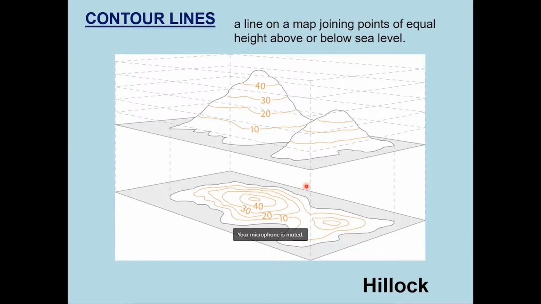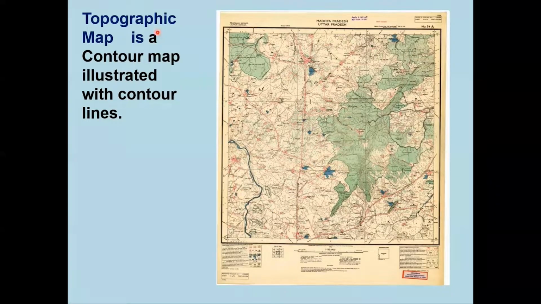These contour lines and the diagram are called contour diagrams. This is a topographical map, illustrated with contour lines. This is used for deciding the physical parameters I covered in the earlier slide.